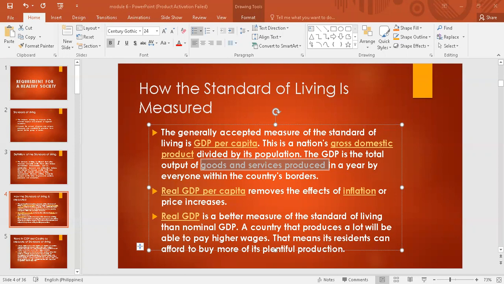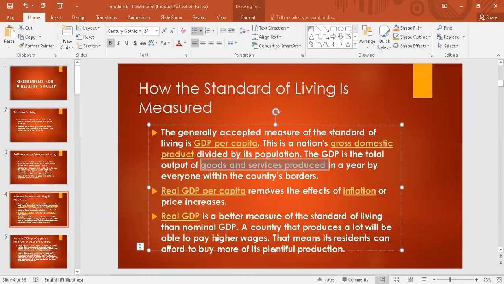Ibig sabihin po, mula 2010, yung ating gross domestic product ay pataas ng pataas as the years increase or as time goes by. So, let's say, ang pinanggagaling nito sa dami ng workforce, sa pag-improve ng production, okay, nakakatulong po yun for our gross domestic product to increase. Okay?